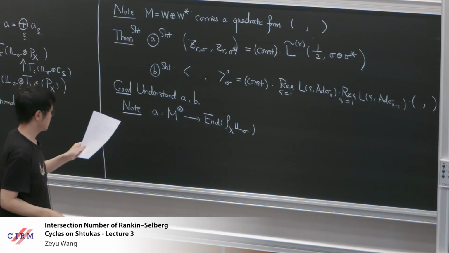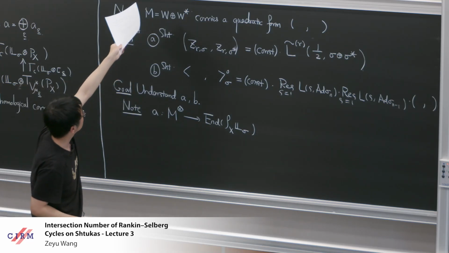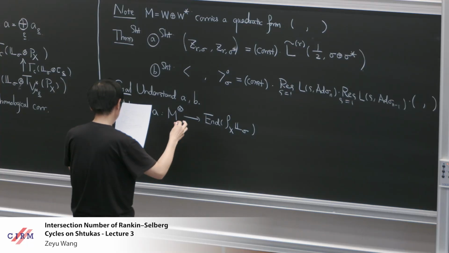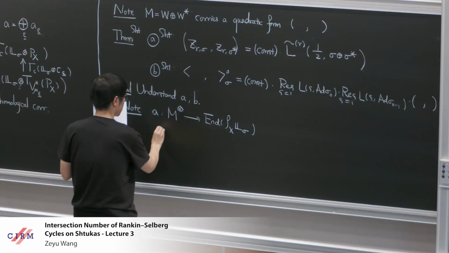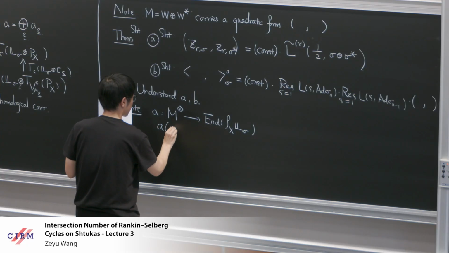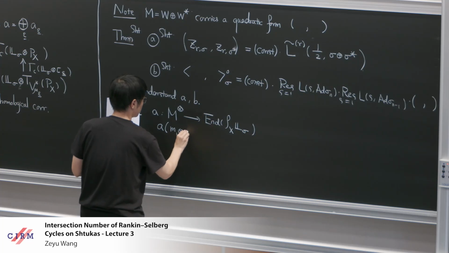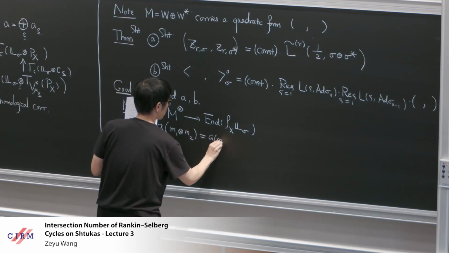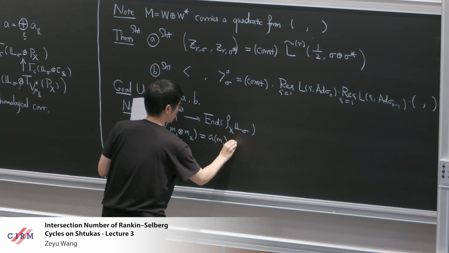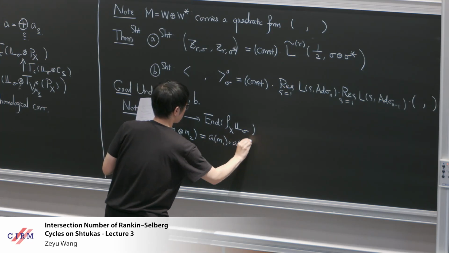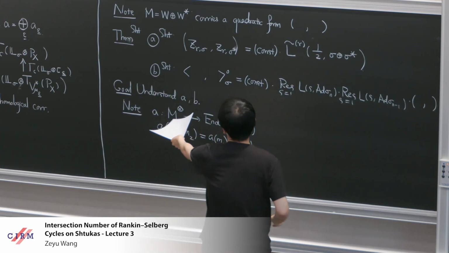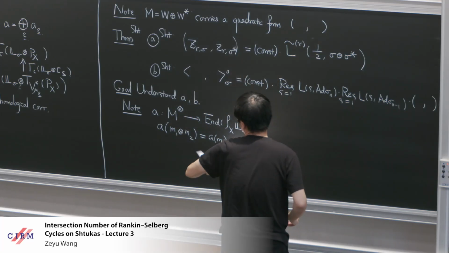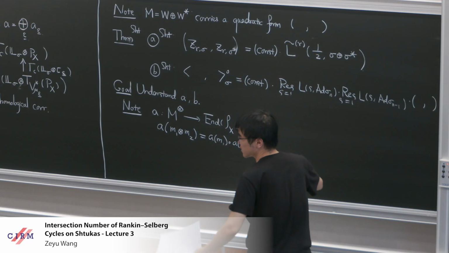This is not just an empty statement about that map. It really means the following: A of M1 tensor M2 equals A of M1 composed with A of M2. So if you write that map in this way, it will satisfy this associativity.